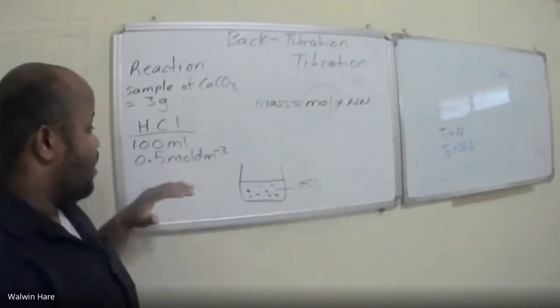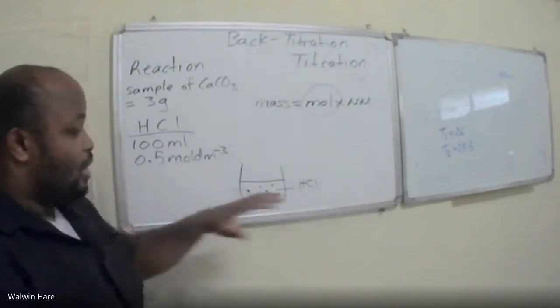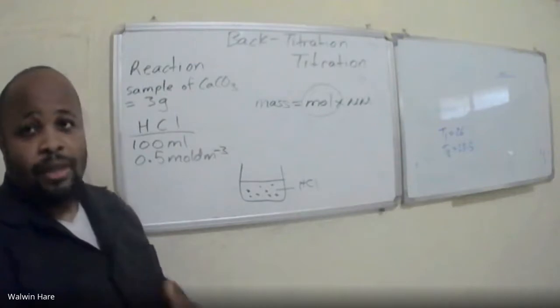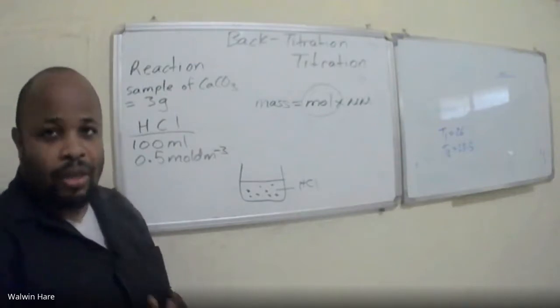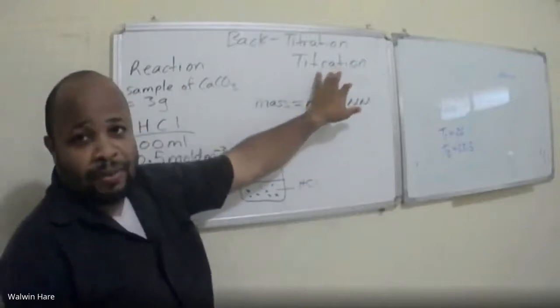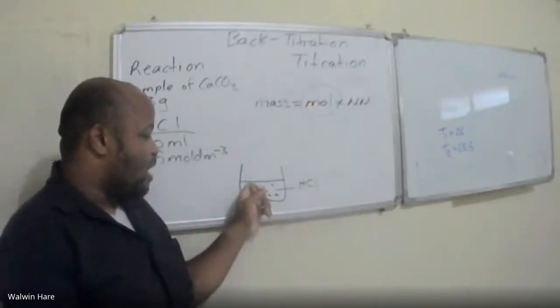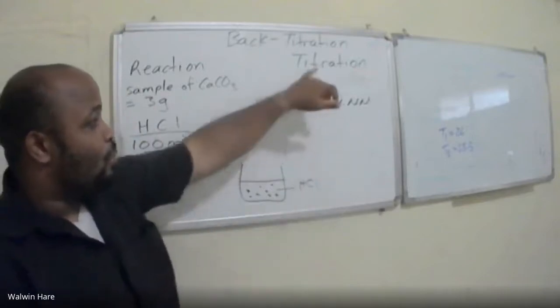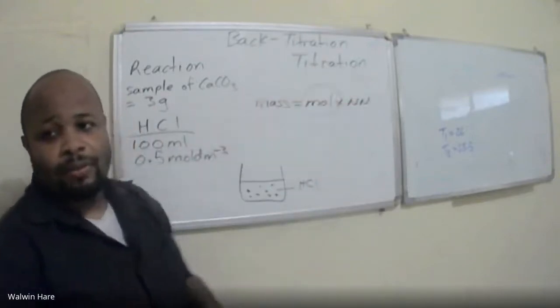So we carry out the reaction. Not all of the hydrochloric acid has reacted. To find out how much actually reacted, we are going to do a titration. So any unreacted HCl will be used in our titration.